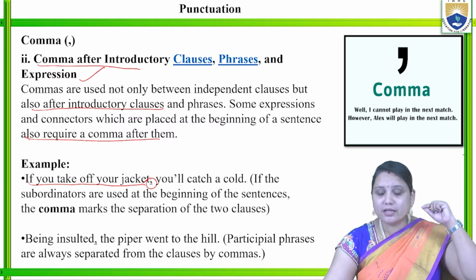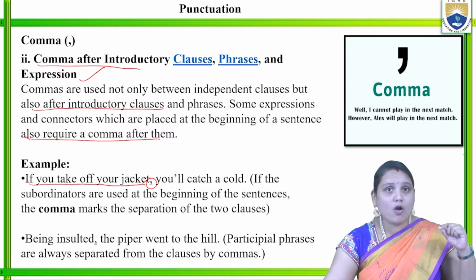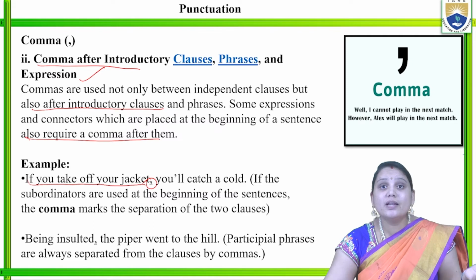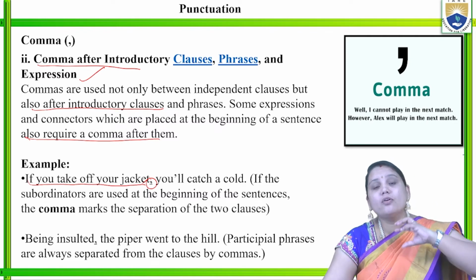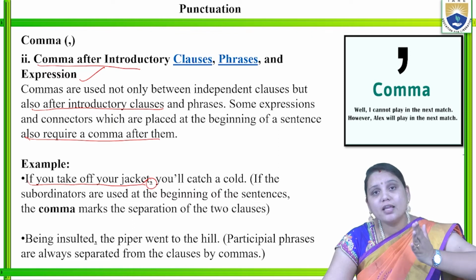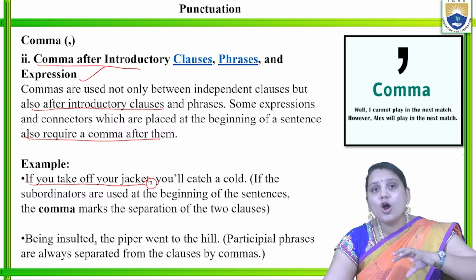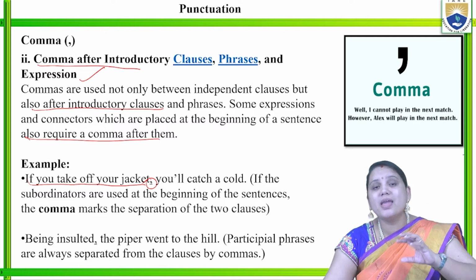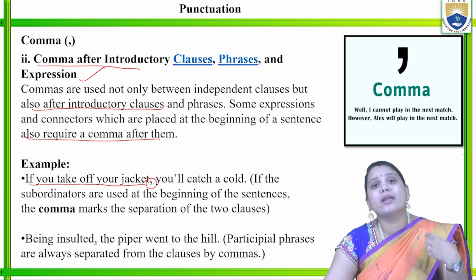But if you are using a comma and trying to read it once again: if you take off your jacket, you will catch a cold. The expression is rendered. You are going to express your feeling or concern towards the other person. You are going to tell it with a pause. Take a breath. Don't make the sentence clumsier such that the other person doesn't understand your expression.